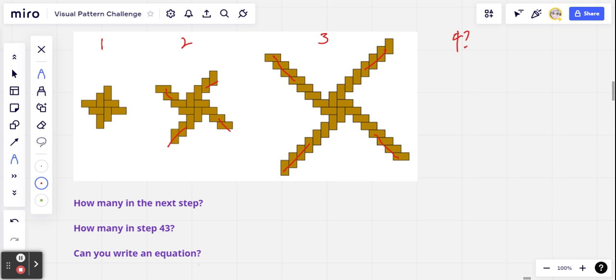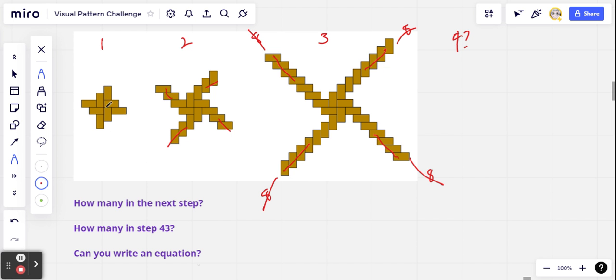So I'm thinking we would add 8 on each arm for the next one. So we would have 8 more here, and 8 more here, 8 more here, and 8 more here. So that's my prediction for step 3.